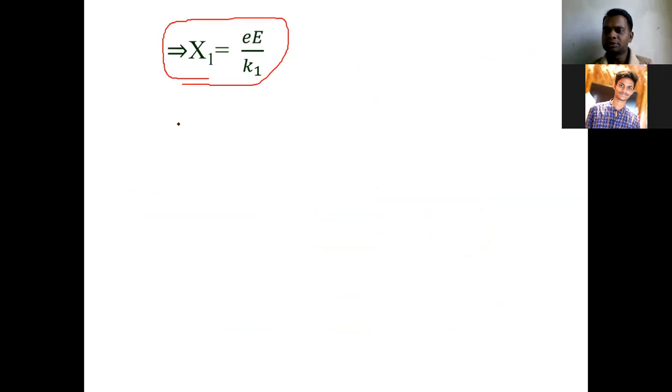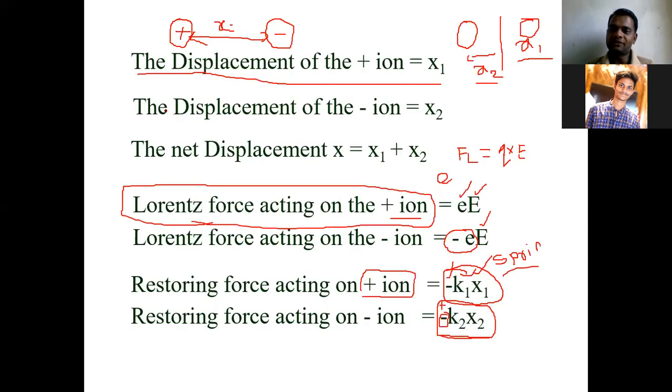Okay. Now see, x1 is equal to small e into capital E by K1. How does it arise? See, what are the forces?